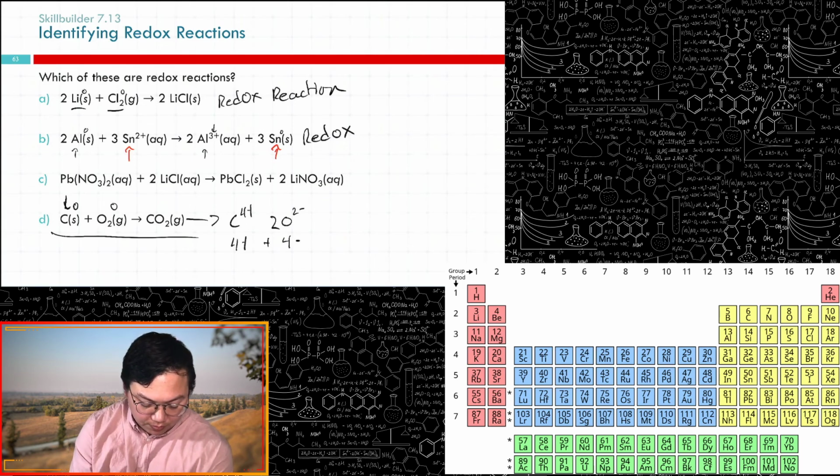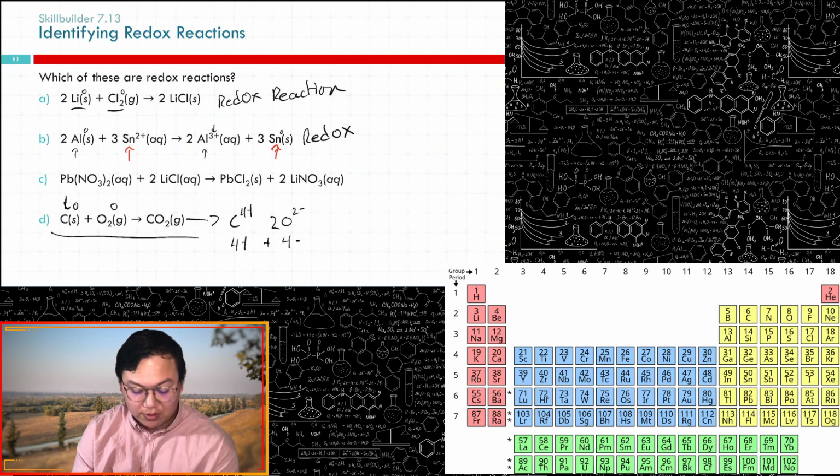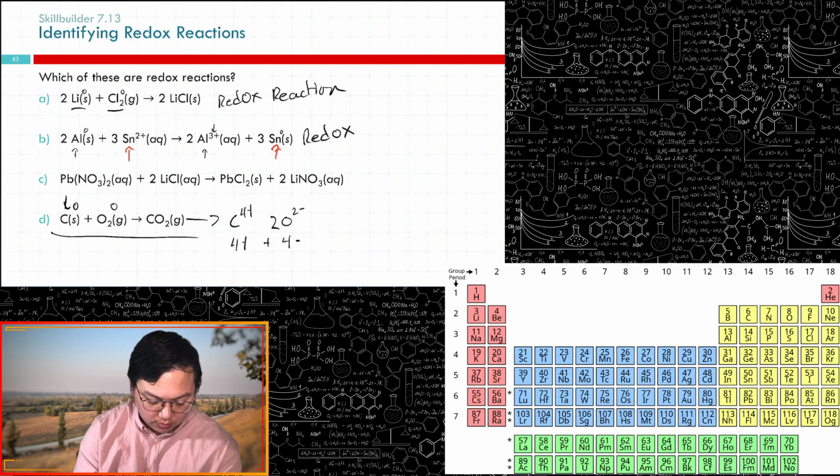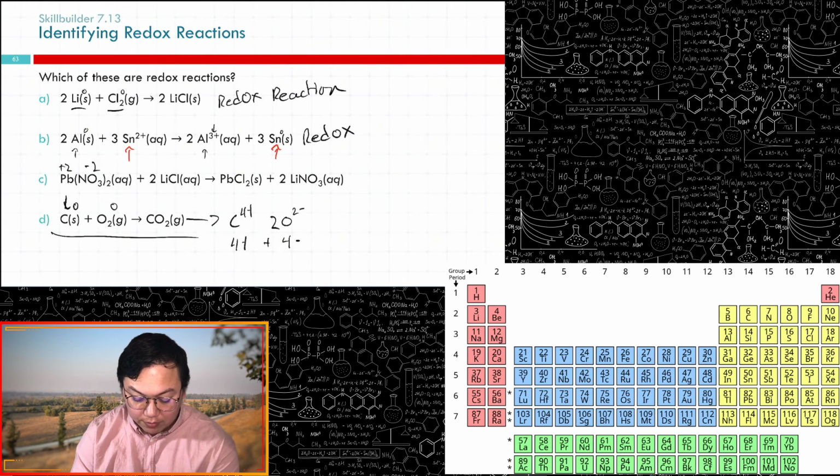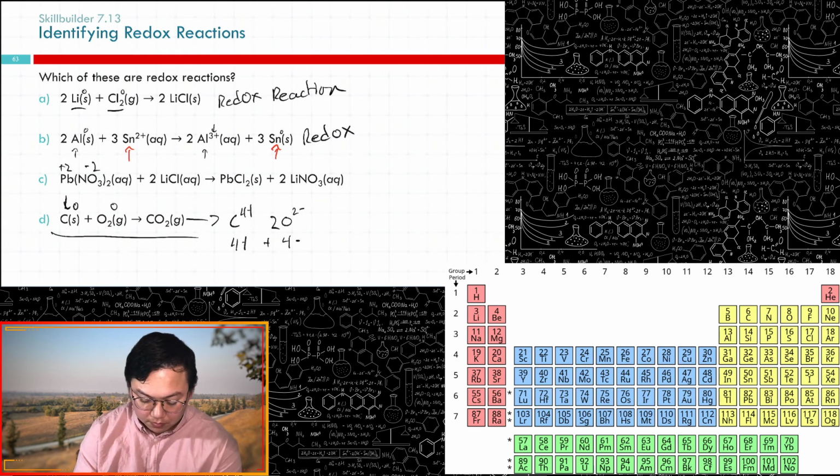If we determine what the charges are, we know nitrate has a -1 charge, and there's 2 of those, so that gives us -2. So we know that lead here has a +2. If we track lead over to the right side, chlorine is in 7A, so it's also a -1 charge, and there's 2 of them, so again we have a -2. And so lead here is still +2.